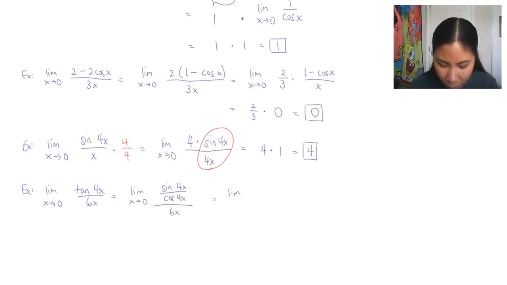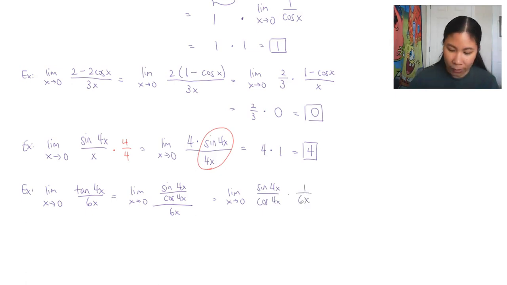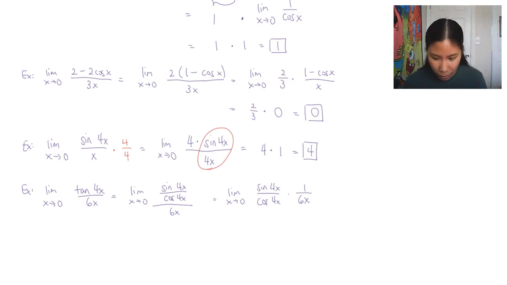Then again, let me simplify this so that I don't have crazy complex fractions. I'm just going to multiply this by 1 over 6x instead of dividing by 6x. And then, like that first example, I want to make it so that I have the sine 4x over 4x again.